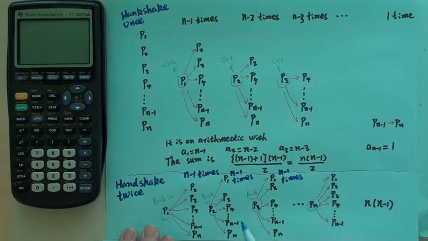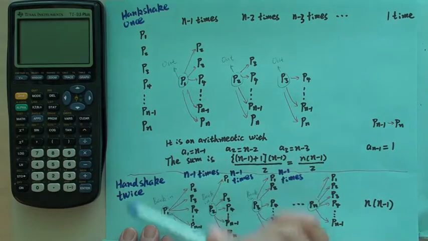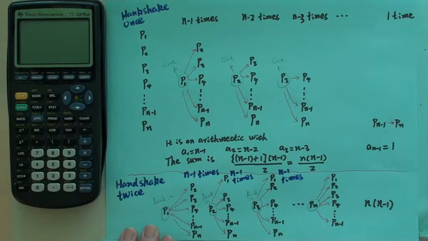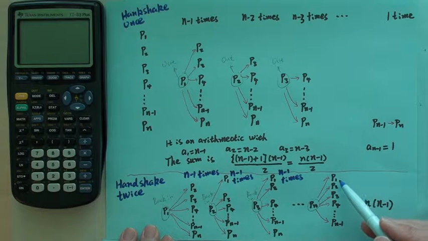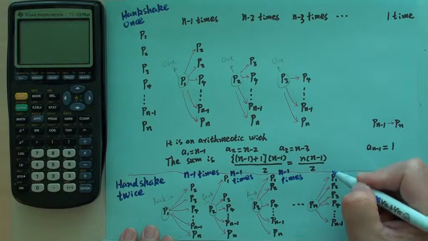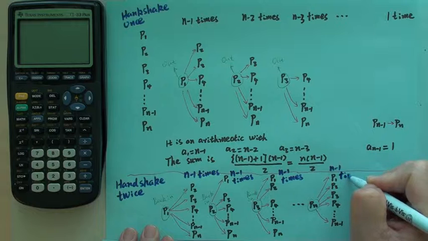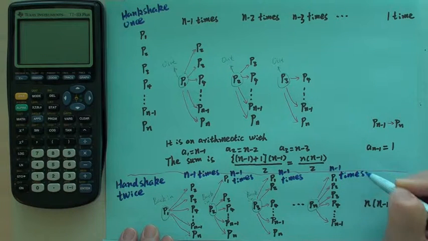Previously we had n people here. And then the third person we did in this way. How about the last person, n? Pn is out. They do it from the first person until P n-1, this person. It also is n-1 times.